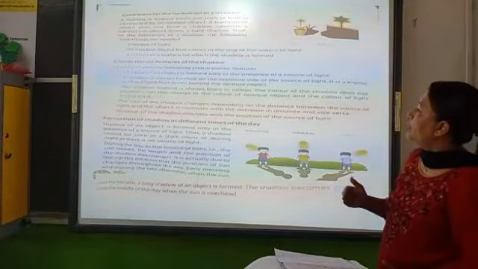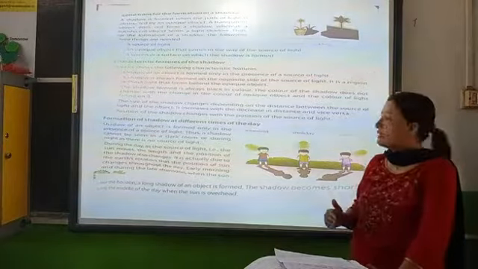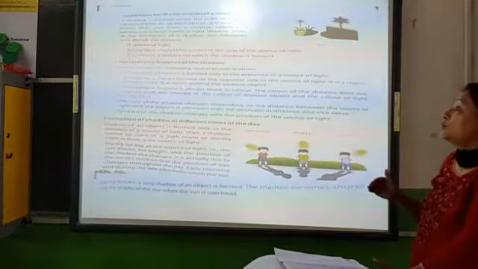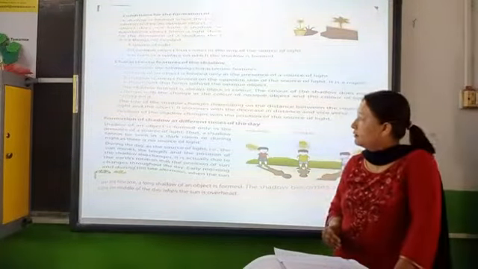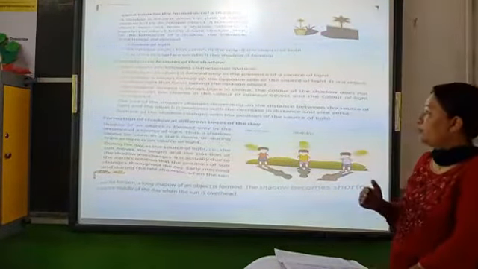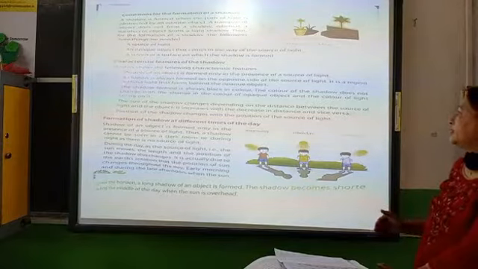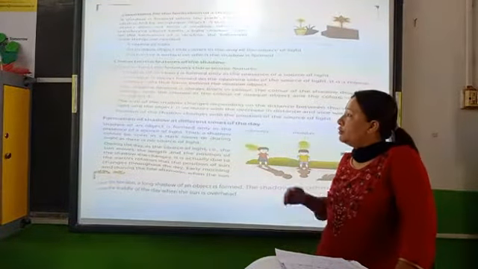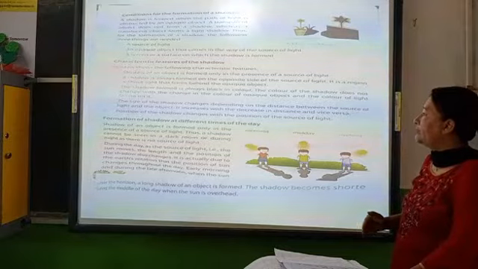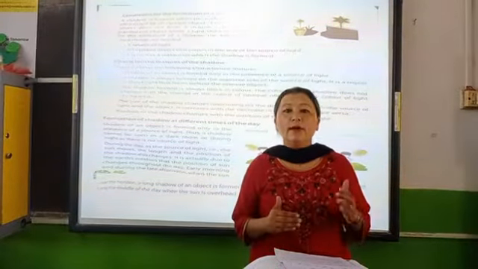The size of the shadow changes depending on the distance between the source of light and the object. It increases with a decrease in the distance and vice versa. And the position of shadow changes with the position of the source of light.